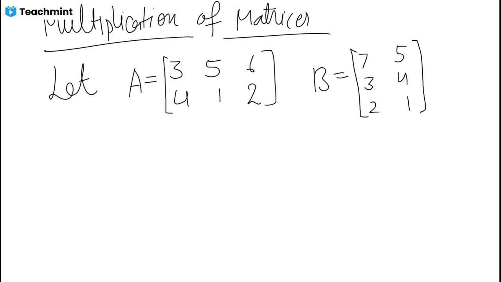To multiply matrices, the number of columns in the first matrix must be equal to the number of rows in the second matrix. Only then can we multiply.